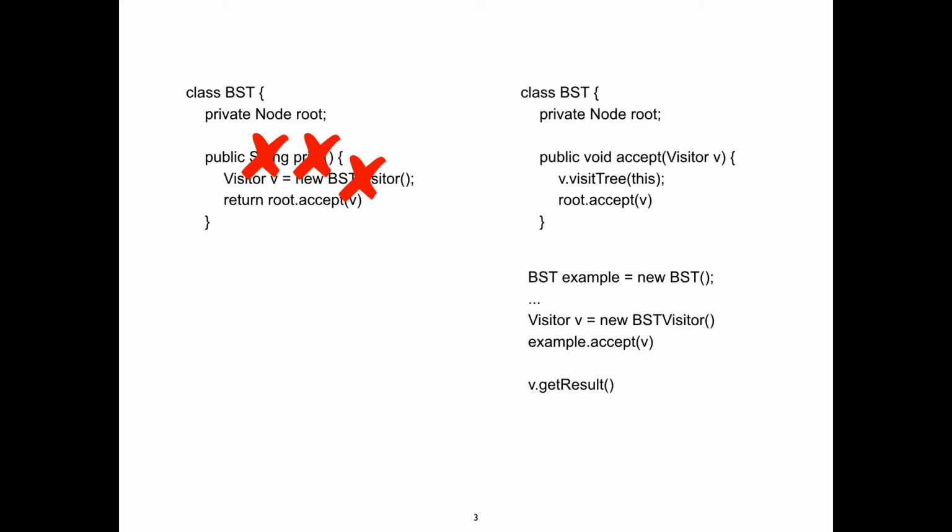We actually have three different elements to our structure: the entire structure, and then inner nodes and null nodes. So we could also just have the visitor visit the tree and then visit all the nodes.